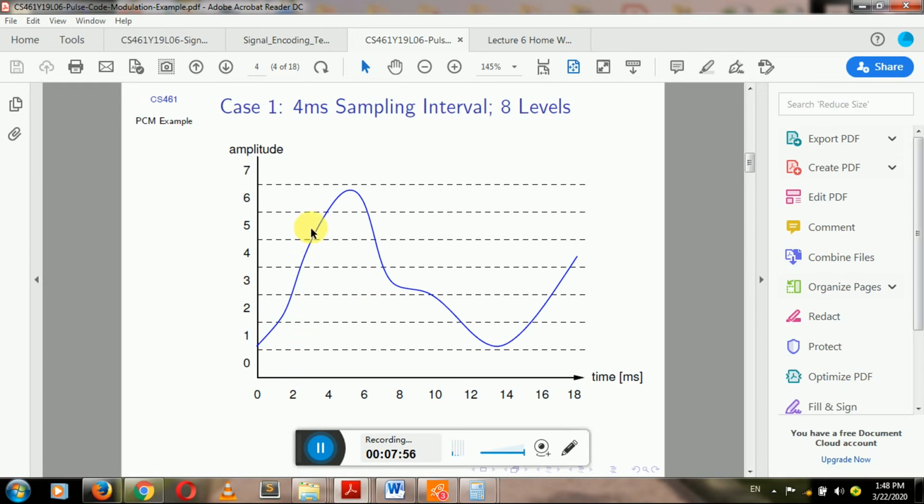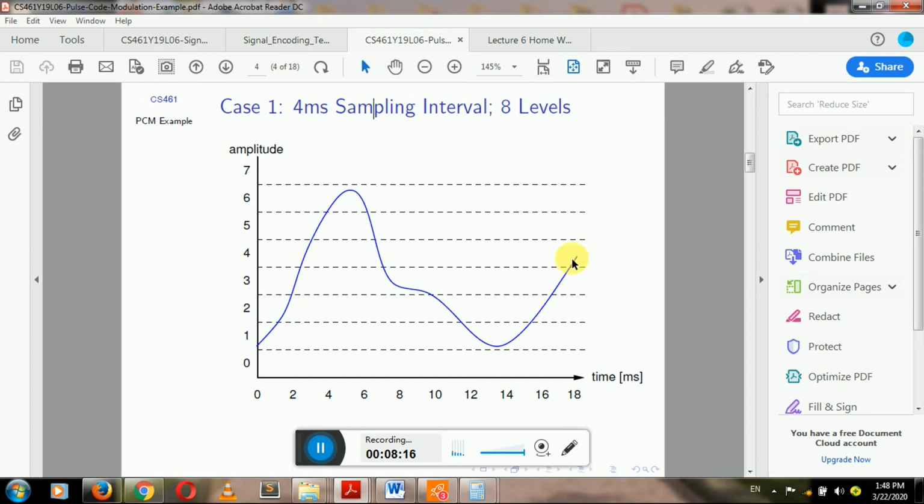We divide it into 8 levels, the minimum level 0 and the maximum 8. So capital M is 8 levels, and we take a 4 millisecond sampling interval for this mapping or conversion of our analog data into digital data.